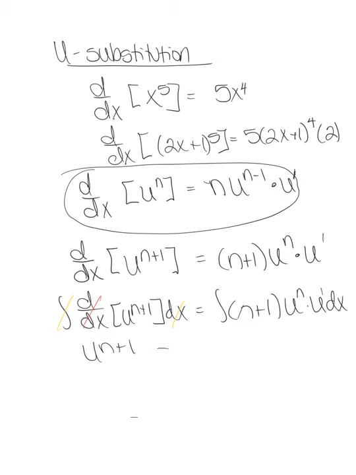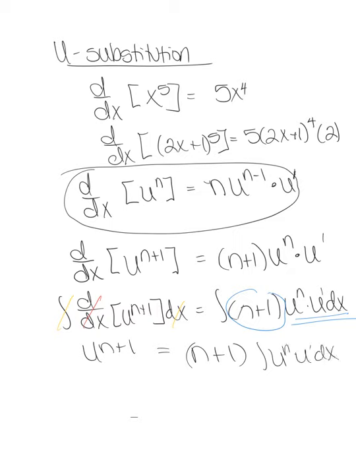On the other side, notice that we are integrating with respect to x, and the only pieces of this that would have an x in it would be these pieces. This n plus 1 is a constant, and we're allowed to bring those constants in front. So this looks like n plus 1 times the integral of u to the n times u prime dx.